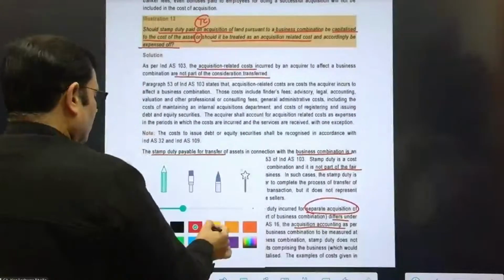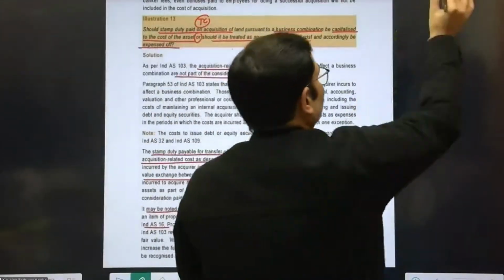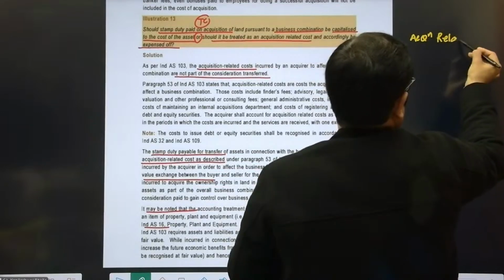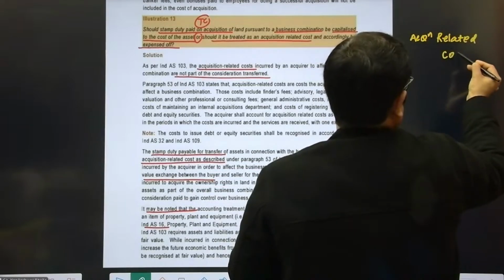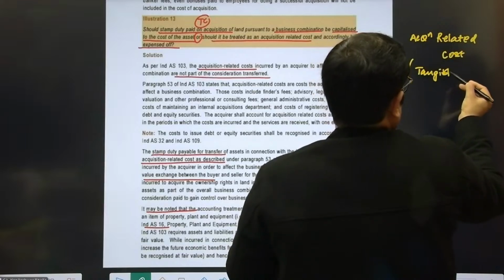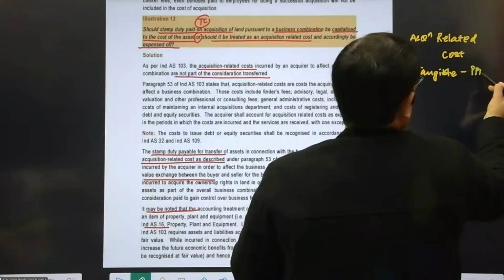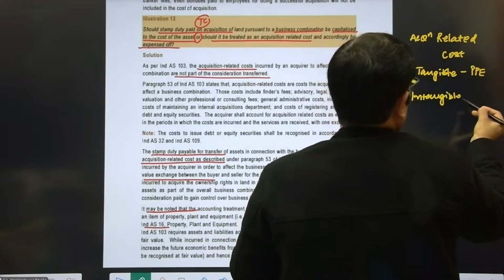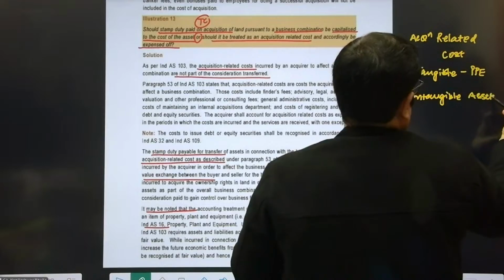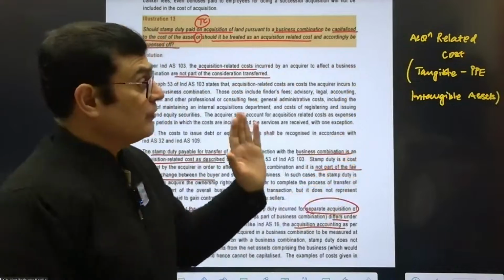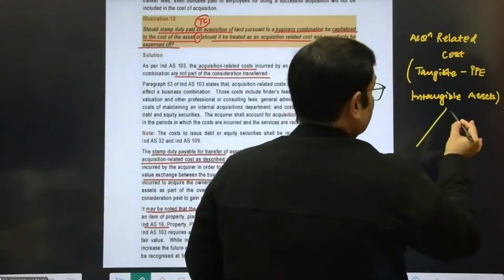Let me put the nutshell out here. So we can say if there is an acquisition related cost, whether it relates to a tangible item, that is a PPE, or it relates to an intangible item, intangible assets for that matter, the summary which we are putting across is that it depends.